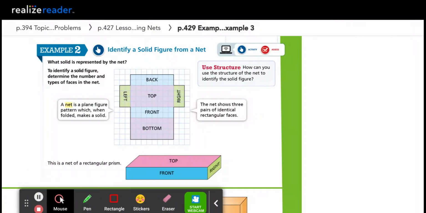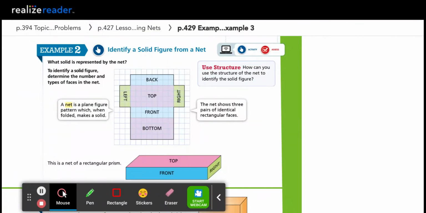Now let's look at example 2. Example 2 has a net. A net is the plain figure pattern which, when folded, makes a solid. On this graph paper, we see the top, the bottom, the front, the back, the left, the right, all labeled.